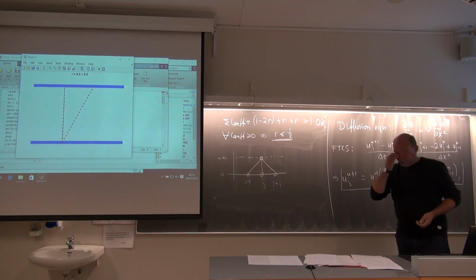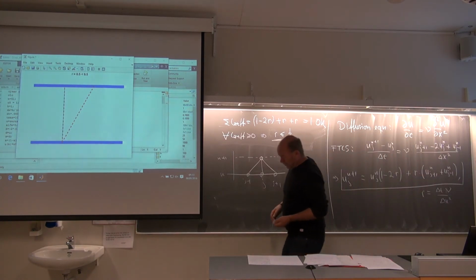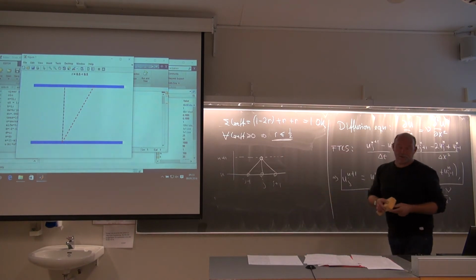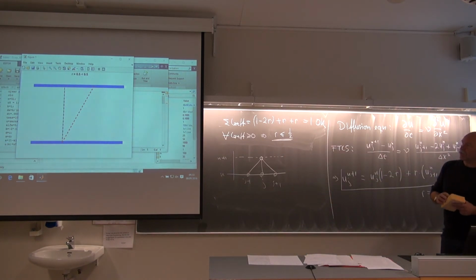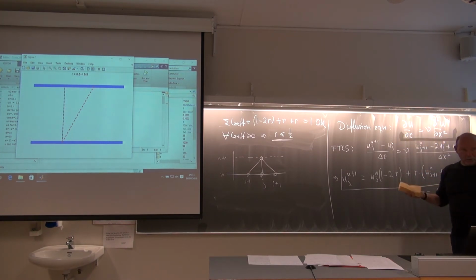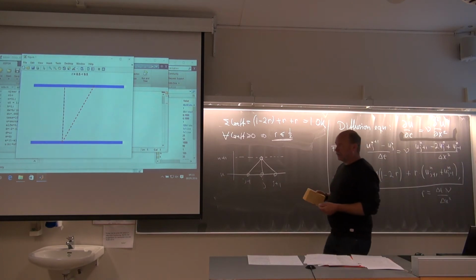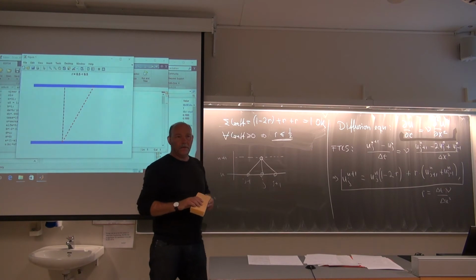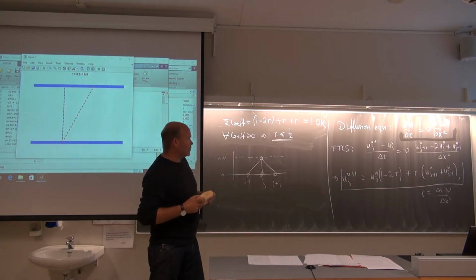Here is a physical problem, and it is actually the startup of a Couette flow. Because if you look at the equation here, no pressure gradient, no gravity, no convective acceleration terms.